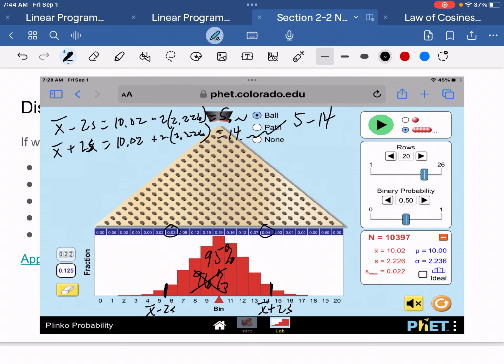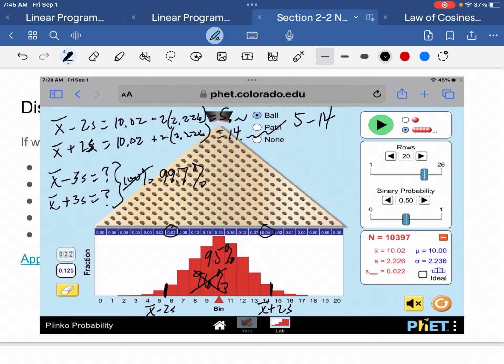And then, just to save time, if I took x bar minus 3 standard deviations and x bar plus 3 standard deviations, we would find that collectively probably 100% of the balls fell into those bins. Well, in reality, it's 99.7% of the balls that would fall between 3 standard deviations below the mean and 3 standard deviations above the mean.